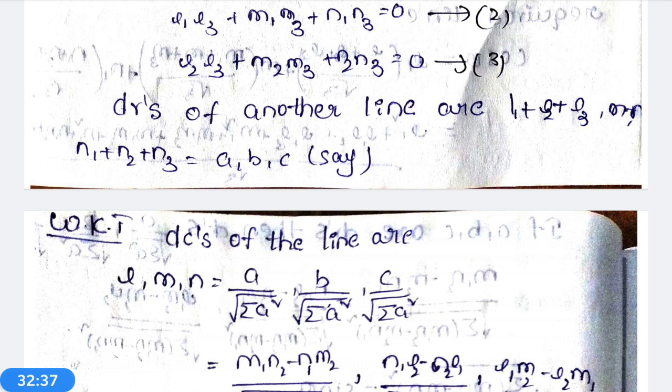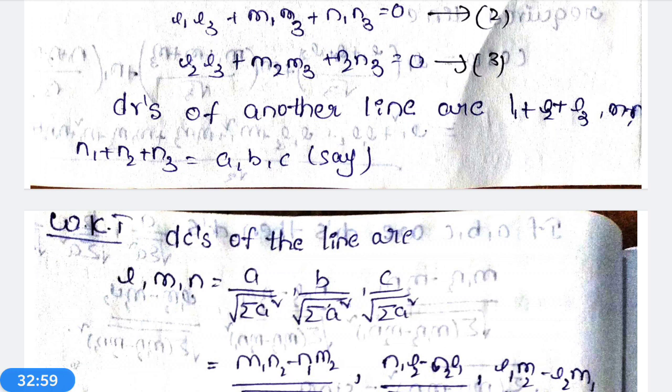We know that the DCs of a line whose DRs are a, b, c are l, m, n equal to a by square root of sigma a square, comma b by square root of sigma a square, c by square root of sigma a square.